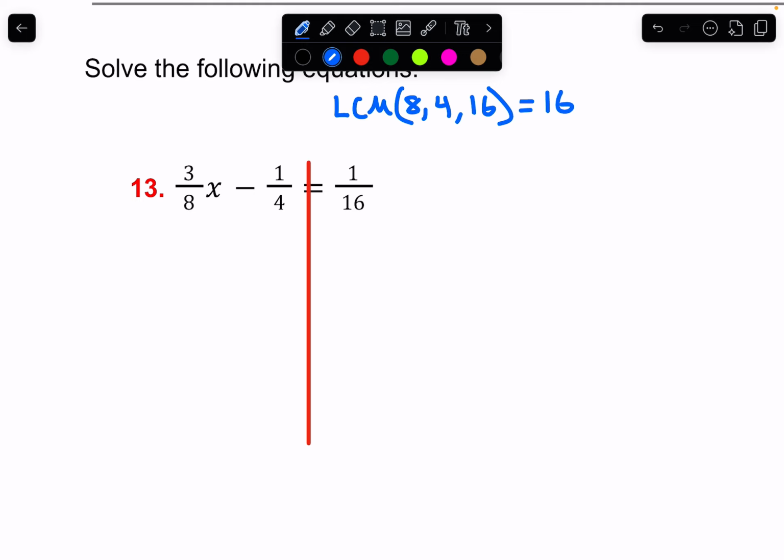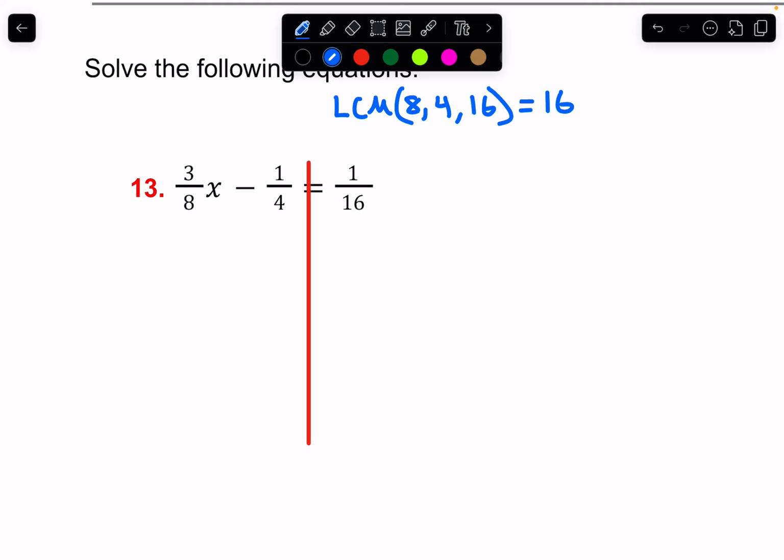So even if you didn't know that 16 was the right number, if you multiplied everything by 4, or by 8, or by 16, all of those are going to get you to a better, more simplified place. So just pick a denominator and work with it, but it is best if you go directly to the least common multiple of the denominators, because then you only have to do this once.